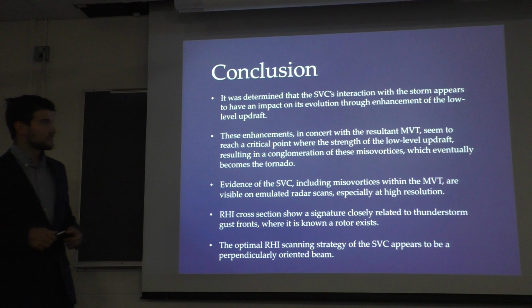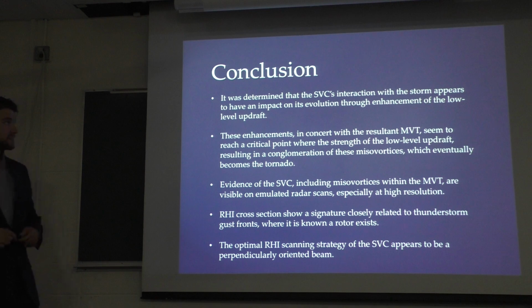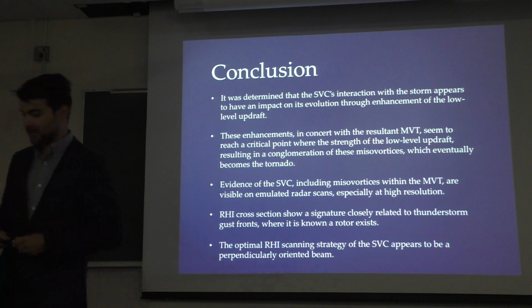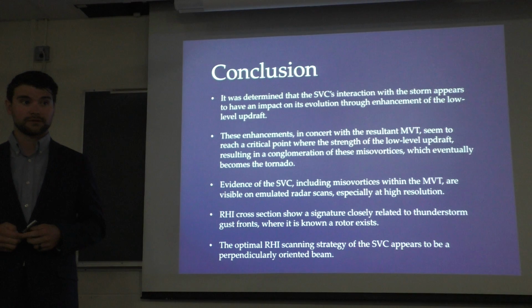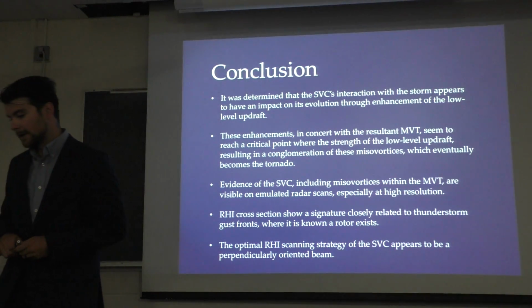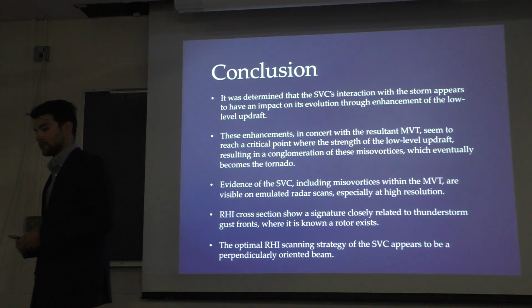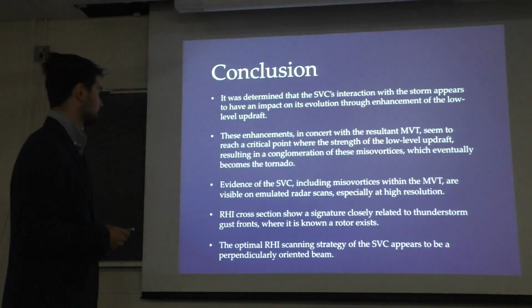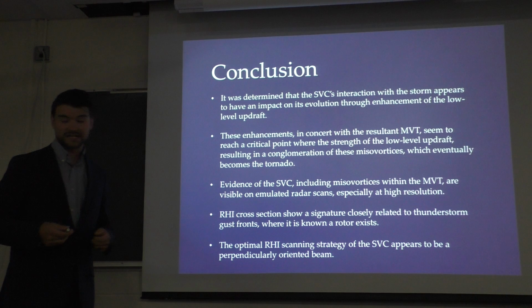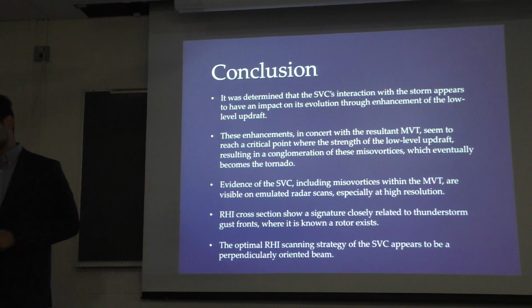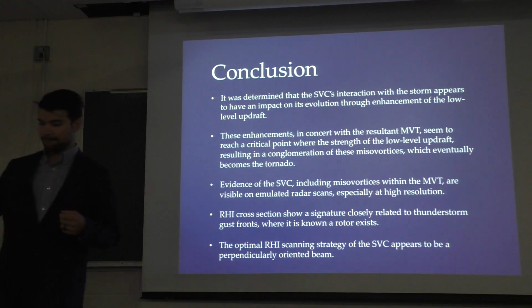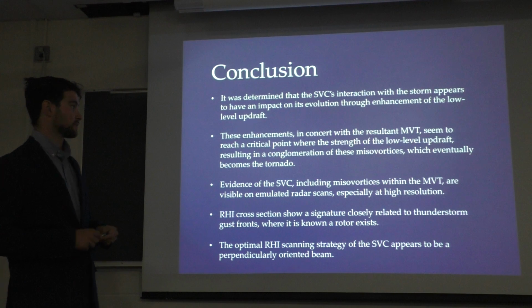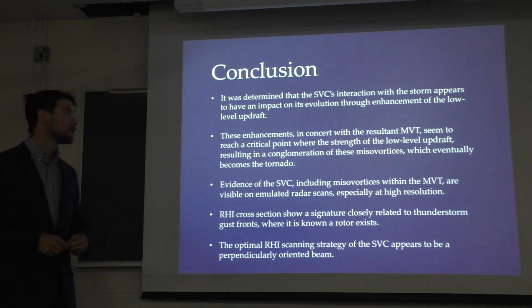So we determined that the SVC's interaction with the storm appears to have a significant impact on its evolution, especially through enhancement of the low-level updraft. These enhancements, when they work together with the MVT, seem to reach a critical point or a collection of circumstances where the strength of the low-level updraft results in a conglomeration of these mesovortices and eventually becomes a tornado.